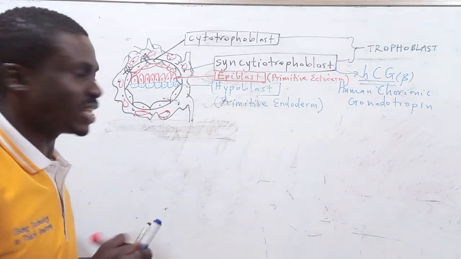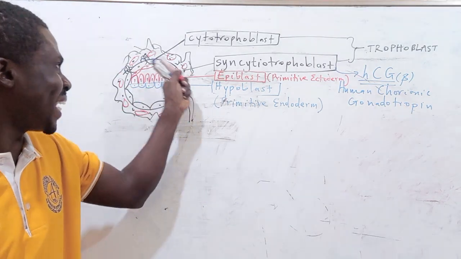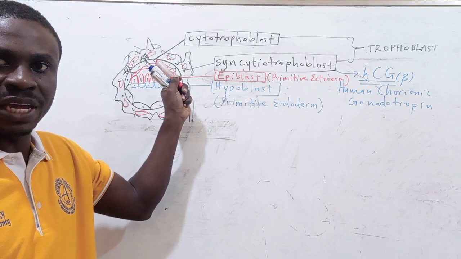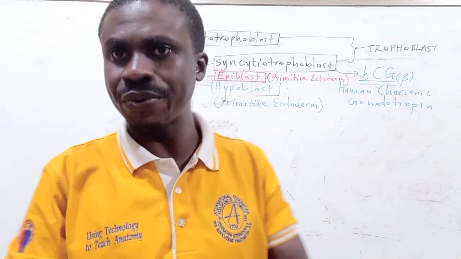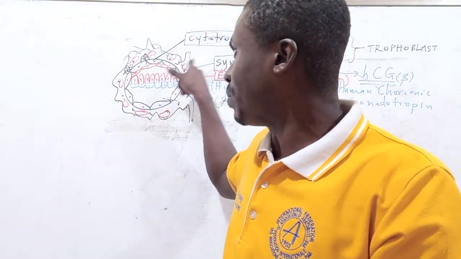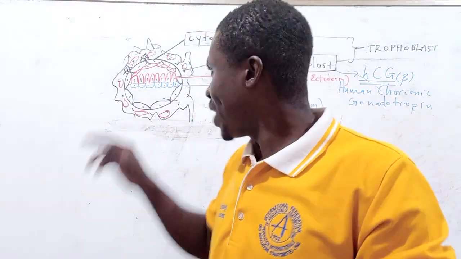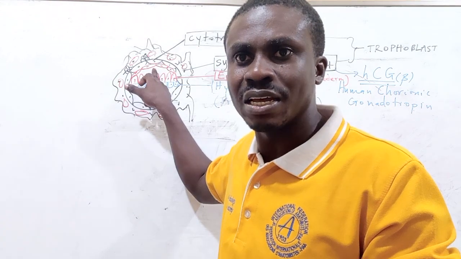They will proliferate, giving rise to some cells to line that area, in the vicinity of what we call the cytotrophoblast, so that they enclose a cavity over here.